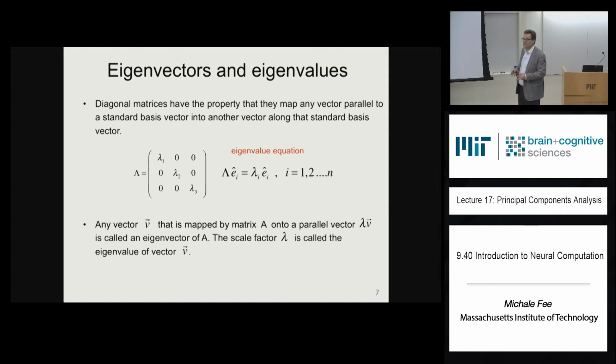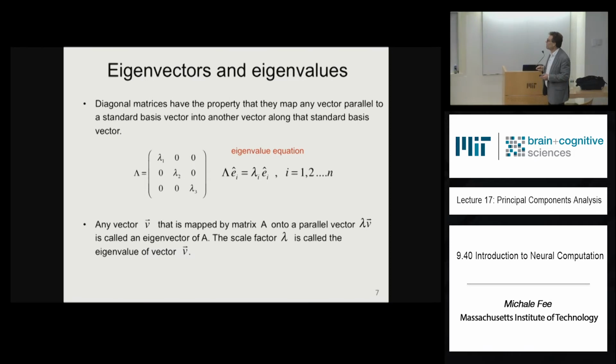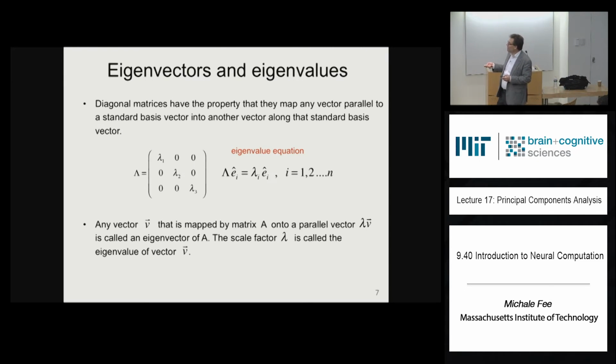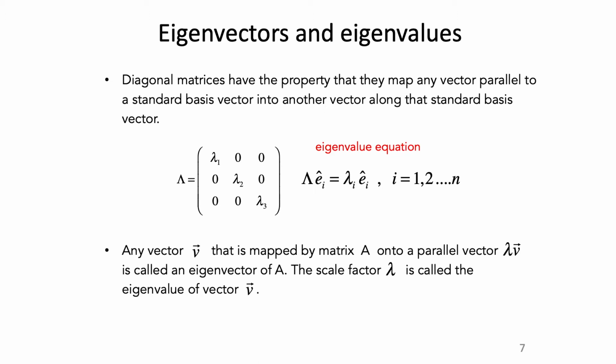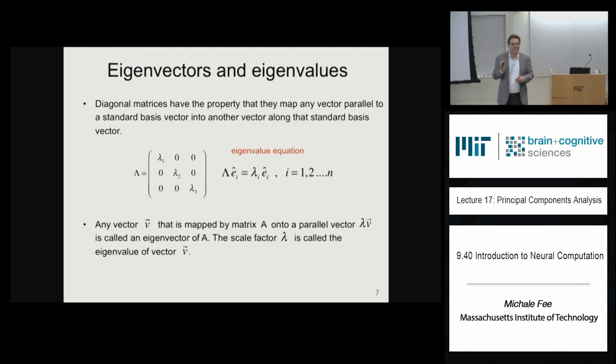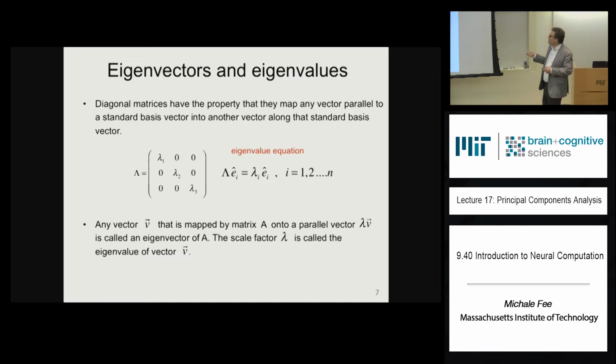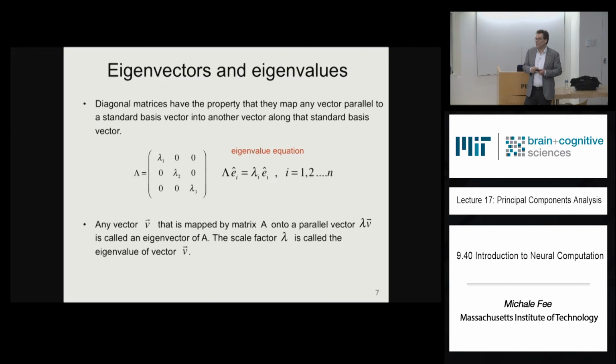So we're going to generalize now from diagonal matrices that look like this to an arbitrary matrix A. The statement is that any vector that, when you multiply it by a matrix A, gets transformed into a vector parallel to v is called an eigenvector of A. The one vector for which this is true that isn't called an eigenvector is the zero vector, because a zero vector times any matrix is equal to 0.